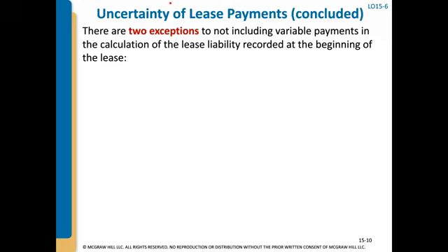Of course, as in all things accounting, there are exceptions, including when we have uncertainty in our lease payments. There are two exceptions when there's a variable payment, or uncertain, we don't know what it necessarily will be, that are included in the recording of the lease liability at the beginning of the lease.